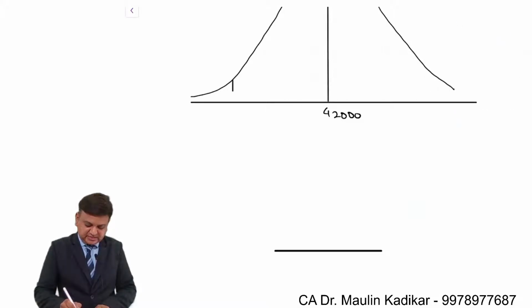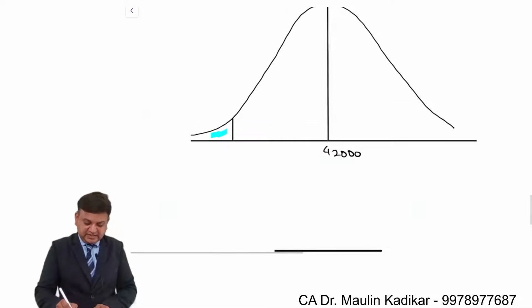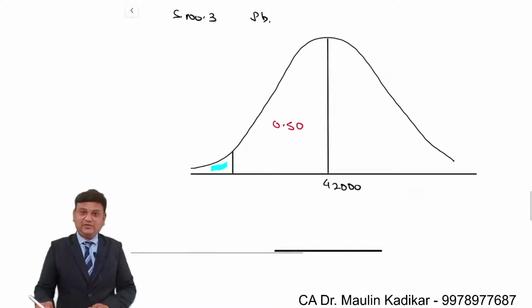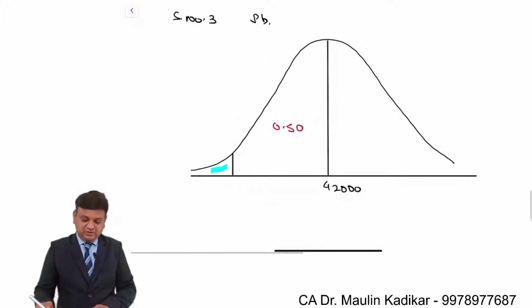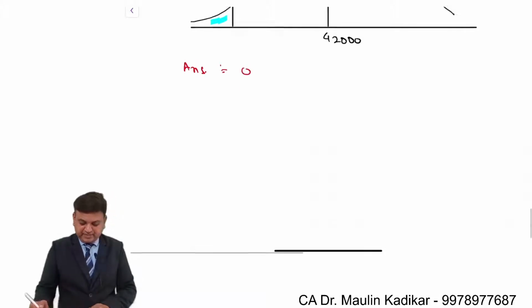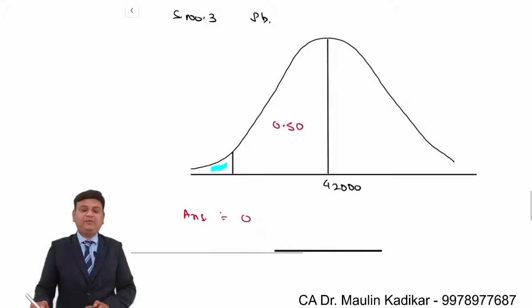We are interested to know the area of this, that is the probability for this area. This entire value is 0.50, which is deducted from 0.50. So the final answer would be 0. There are no chances that the NPV of the project will be less than 0. This is the kind of answer that we have.